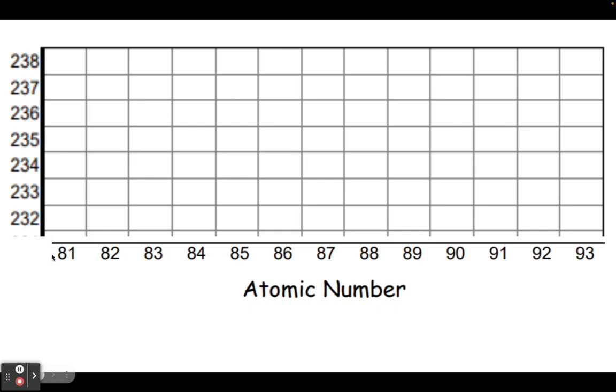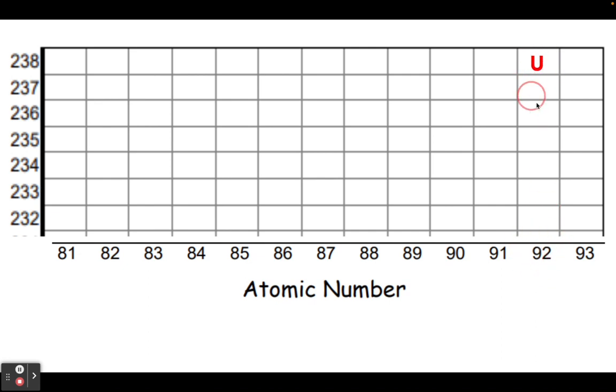So we have our atomic numbers on the bottom and we have our atomic mass on the side. So again, we started with uranium. So here's our uranium. What you typically do is you're going to put your element symbol in the box, right? So in the box here, that means 92.